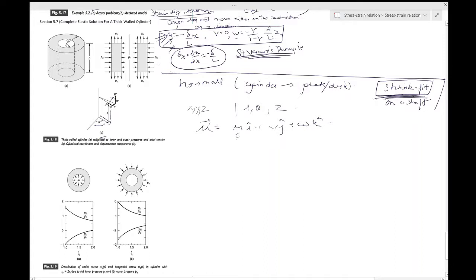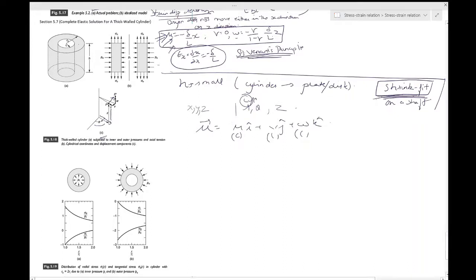This is the Cartesian, and this is the cylindrical. Because of this geometry, you are forced to come to this cylindrical coordinate system, like we did in one of the other problems, I think it was about three-dimensional moments of force.